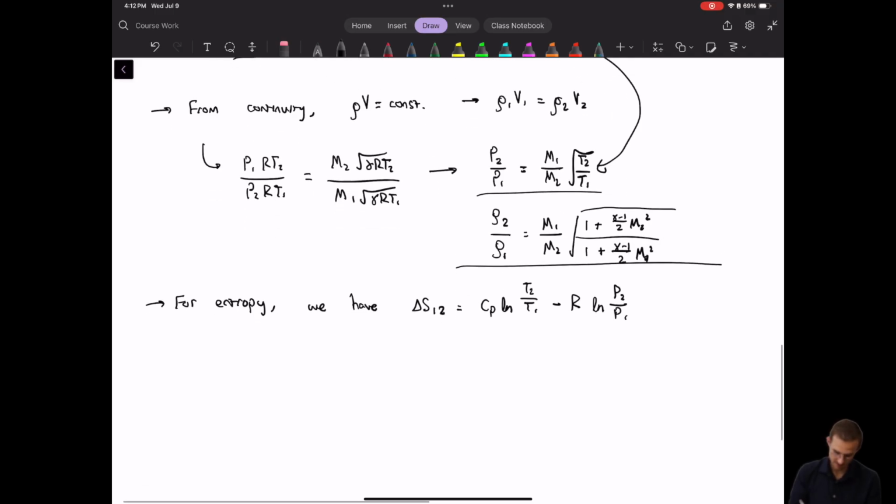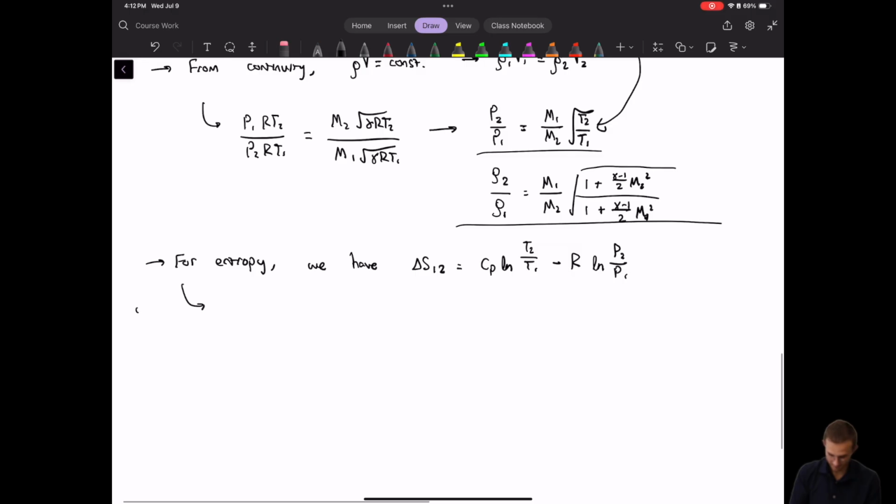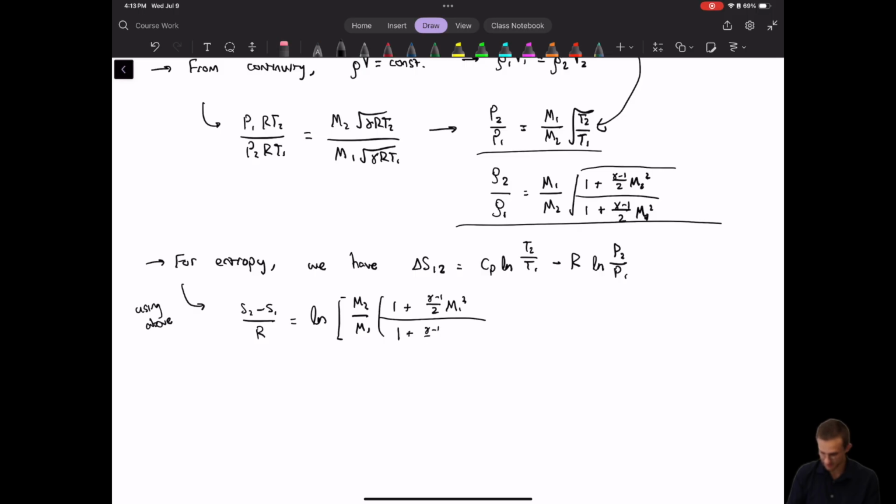If we use the above ratios that we just derived for pressure and temperature, we can get that S2 minus S1, the change in entropy normalized by the gas constant R, is equal to the natural log of M2 over M1 times the quantity 1 plus gamma minus 1 over 2 M1 squared divided by 1 plus gamma minus 1 over 2 M2 squared, that whole quantity raised to the power gamma plus 1 divided by twice the quantity gamma minus 1.